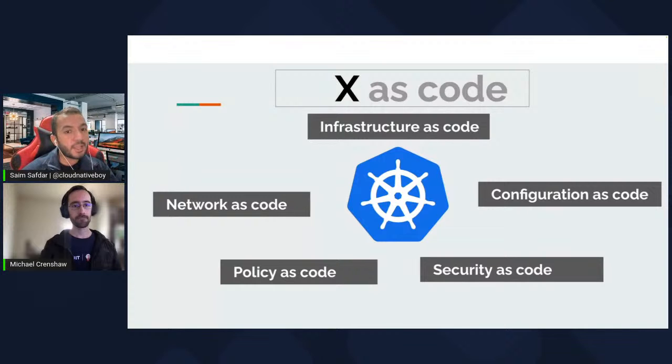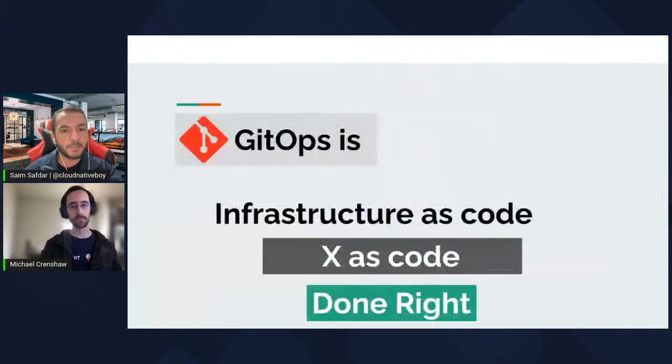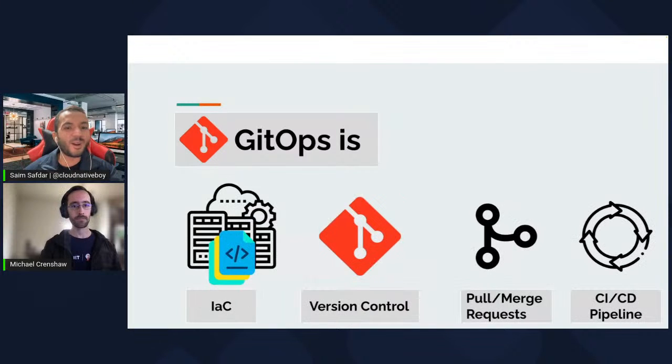And also, Michael, as we talk about Terraform, and we go to the next slide, I heard a lot about GitOps. There are basically three or four pillars in it: infrastructure as code, version control, pull and merge requests, and a CI/CD pipeline.